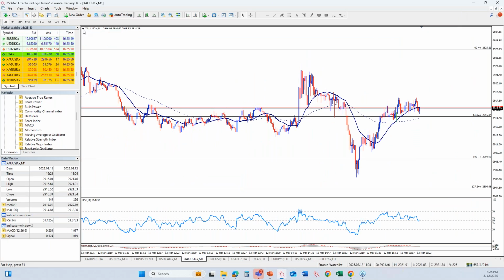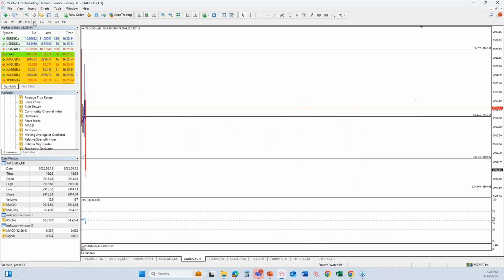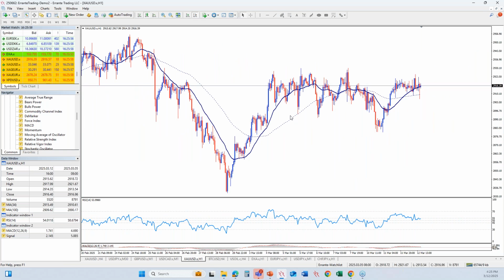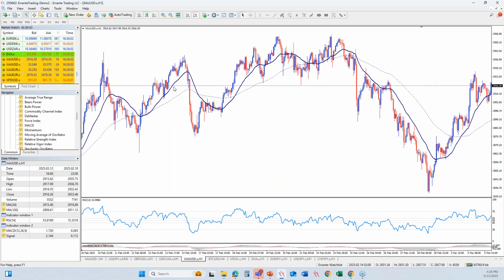You will get the idea what I'm talking about when it comes to choosing. For example, when you look at the market, there are periods that the market is very choppy like this.